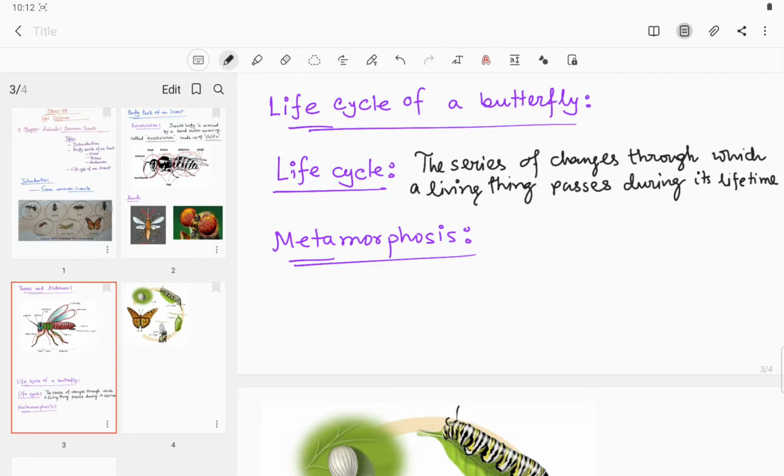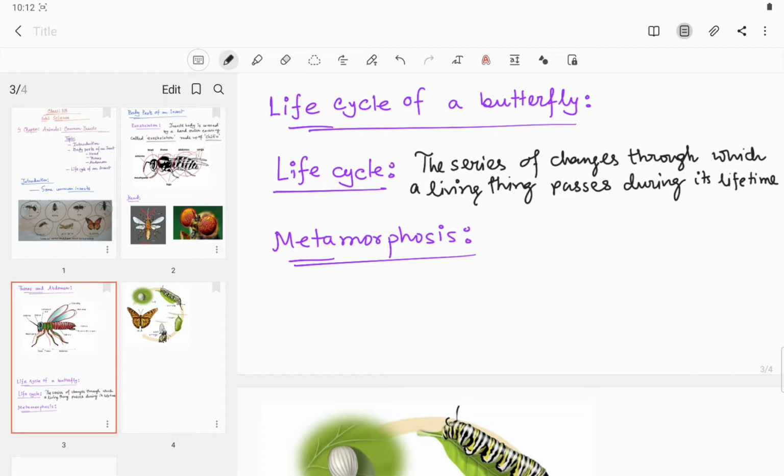You know, the life cycle of an insect begins with an egg, which then hatches into a larva. Gradually, it develops into an adult. Some insects have 4 stages in their life cycle, while some insects have only 3.